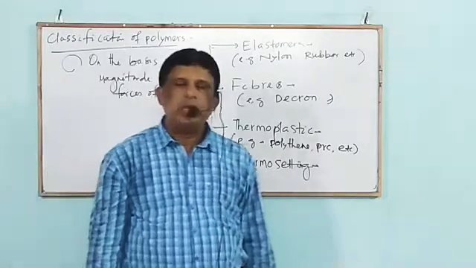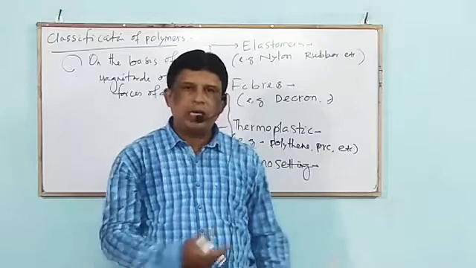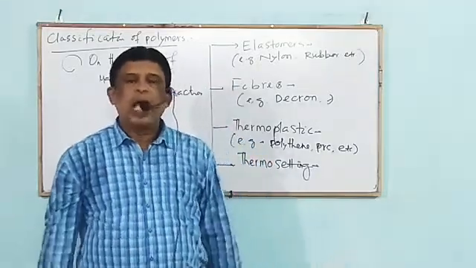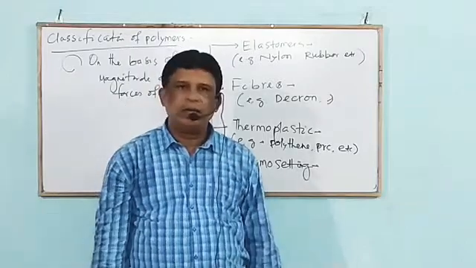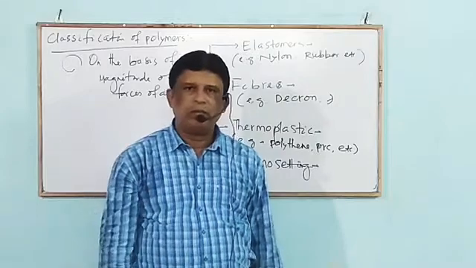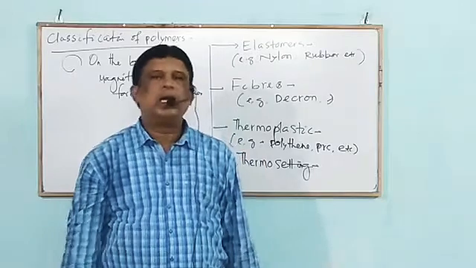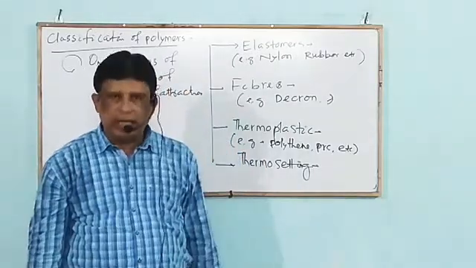Fourth one is thermosetting. Thermo means heat. These are polymers formed upon heating, three-dimensional network polymers. Upon heating they melt, flow and transfer into any mold to form any design, and once cooled, it gives the desired product. Next onwards, they never melt. This is known as thermosetting polymer.